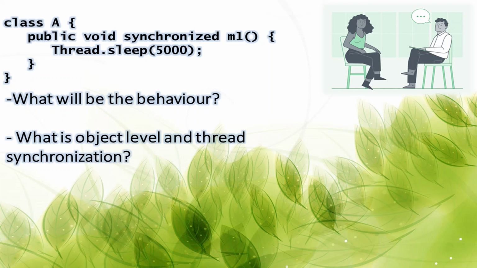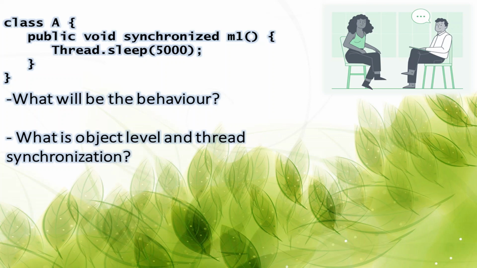In every class, in every Java program, the object level lock is always acquired by the thread. And suppose I am writing t1.start, in that case that object will have a lock on that whole class, like my thread class method m1. In this case the whole object level lock will be there.